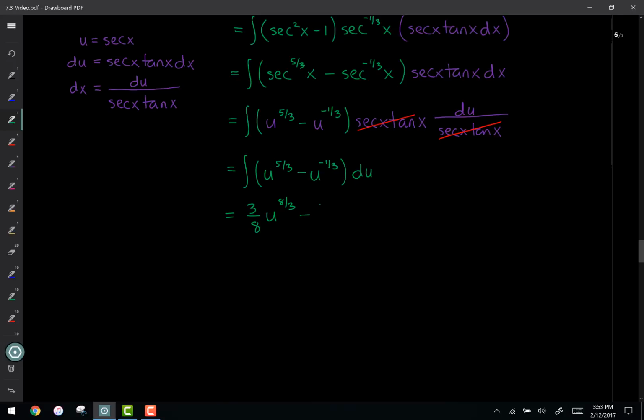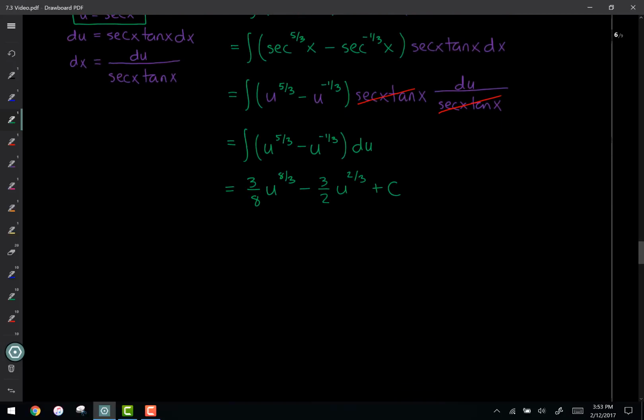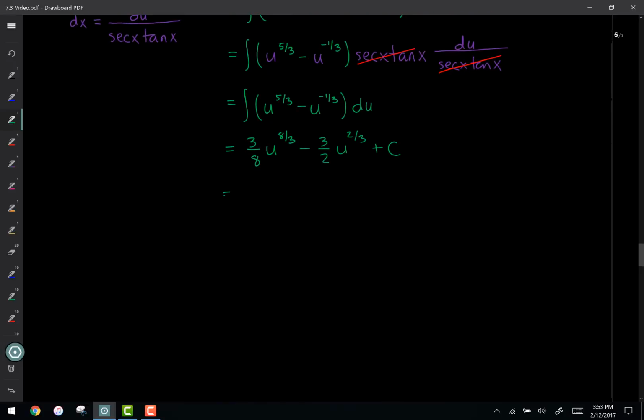So minus 3/2 u to the 2/3 plus c. And then always remember, back substitute what u is. So we're going to plug in secant x for u. So 3/8 secant to the 8/3 x minus 3/2 secant to the 2/3 x plus c.